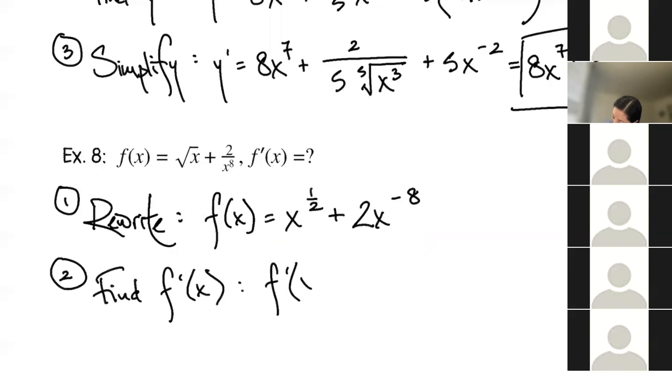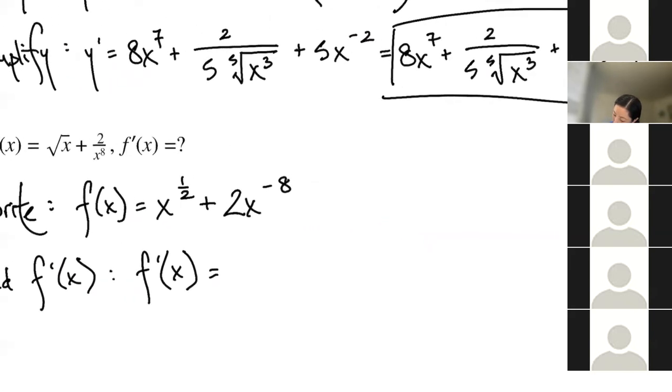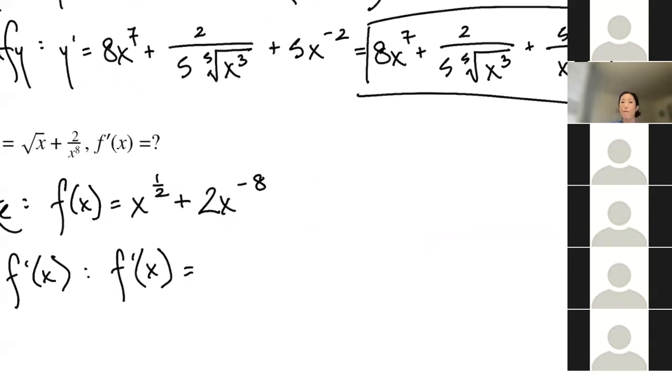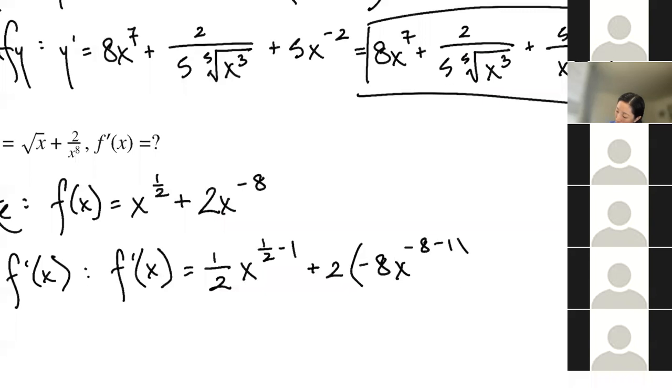So f prime of x. Let's get that power rule for the first term. We're going to bring that power down, x to the 1/2 minus 1. Right. So I've used the power rule on the first term, plus 2 times -8 x to the -8 minus 1.